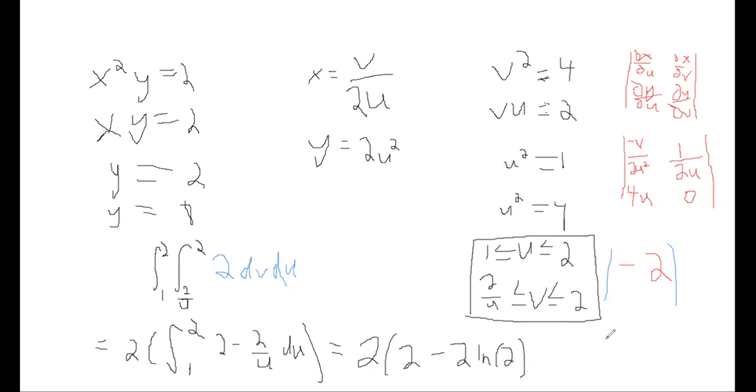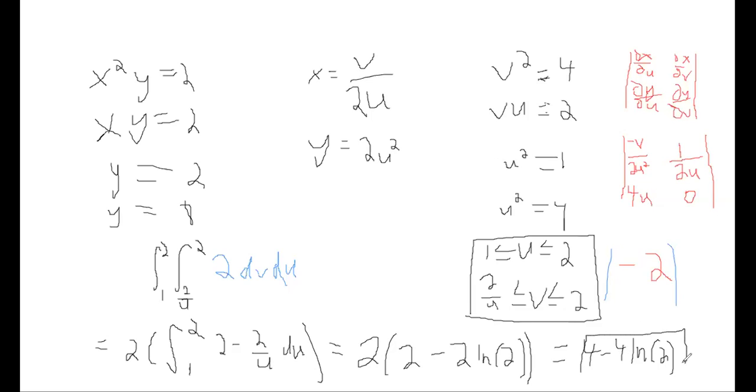And the reason for that is that this ends up creating something where we say, oh, well, the other side is ln of 1, which is obviously 0. So here, what we get as a final answer is 4 minus 4 ln of 2.